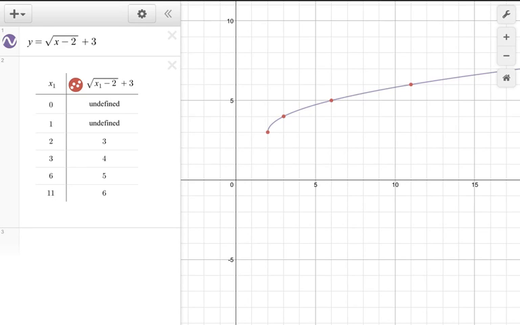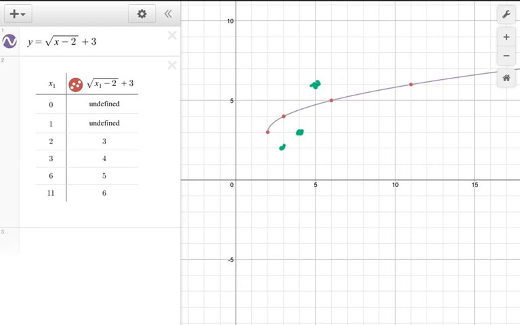And then I want to just go ahead and switch the coordinate points. So I've got the point 2, 3, which is going to become 3, 2. I've got the point 3, 4, which will become 4, 3. Alright, I've got the point 6, 5, which will become 5, 6.